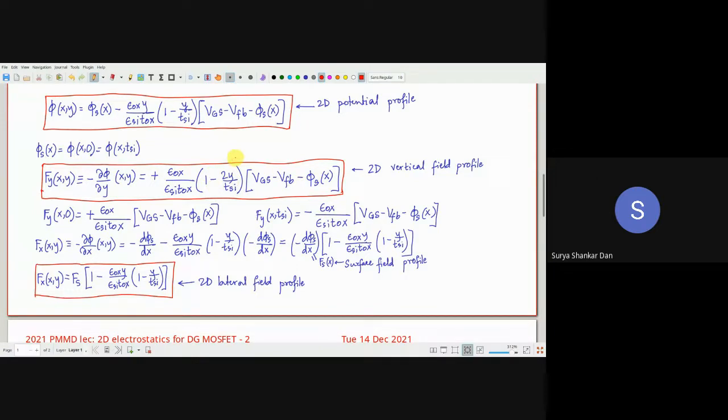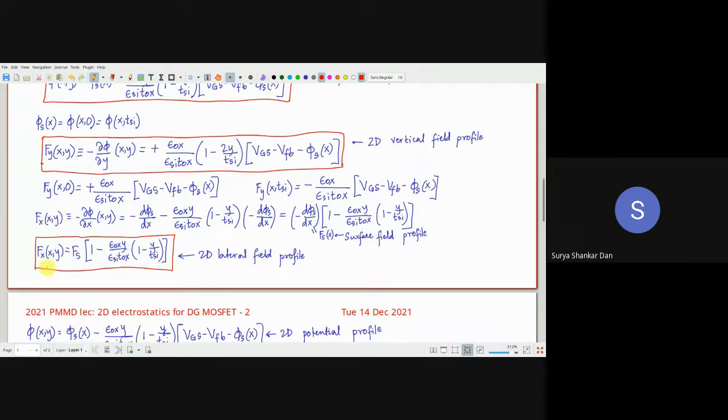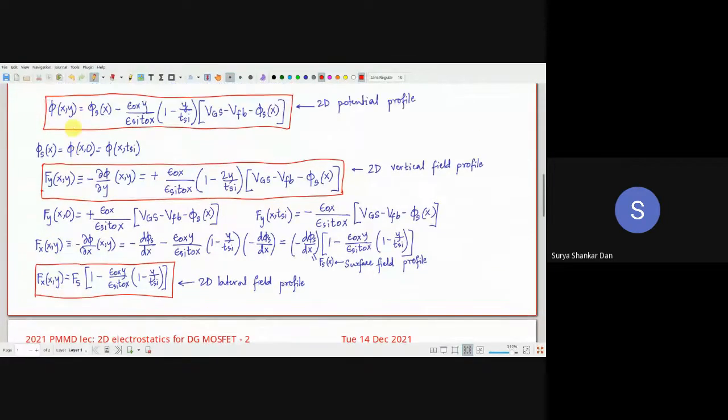Very, very simple. Now Fx(x,y), that means the lateral field Fx as a function of x and y. So that is 2D. I'll simply take a derivative with respect to x. That will give us minus dφs/dx, because φs is the only x dependent term in this whole relation.